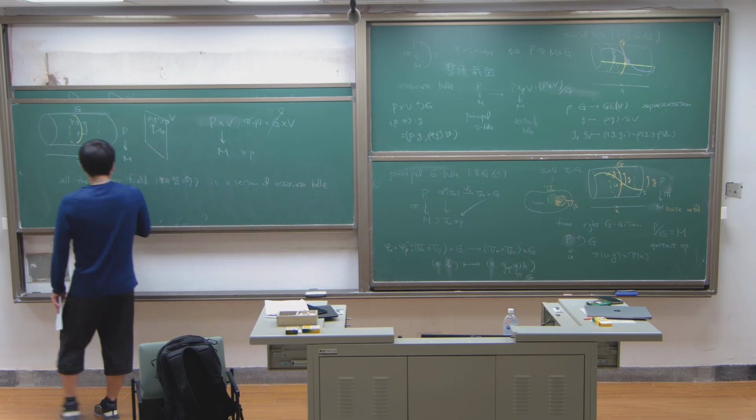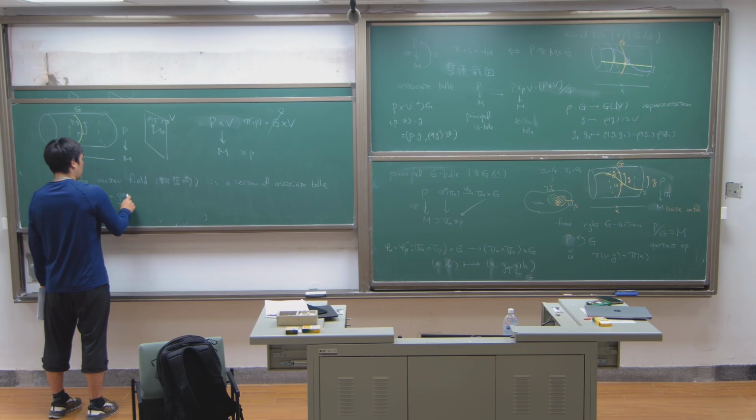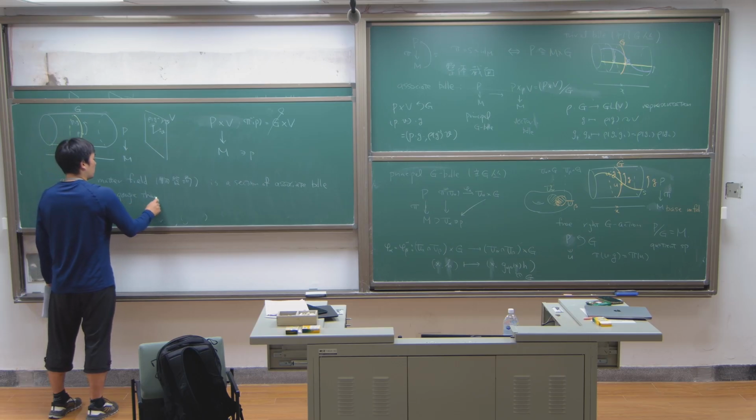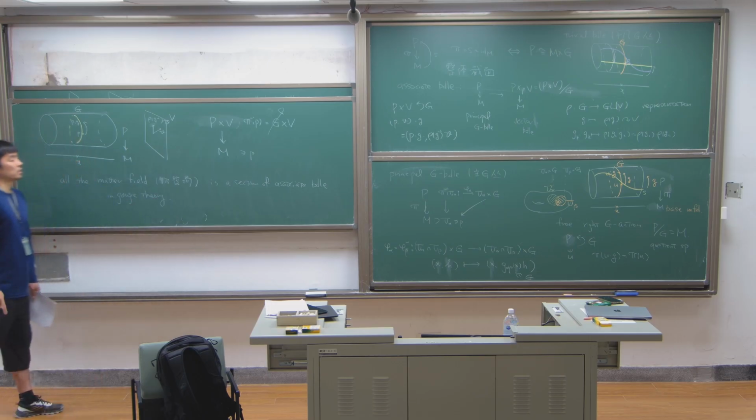Matter field in gauge theory is a section of the associated bundle.